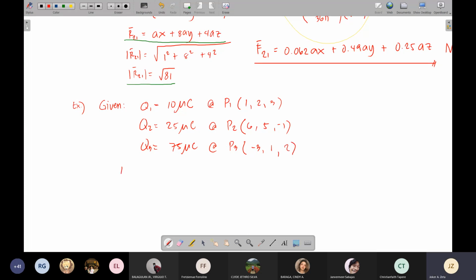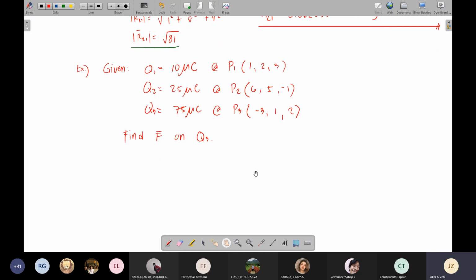Okay, now find the force experienced. Find F on Q3 lang, on Q3. Find force on Q3.